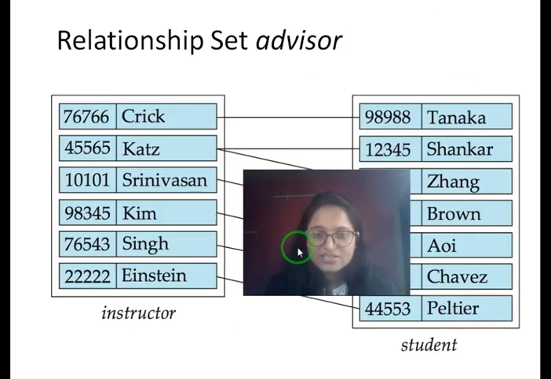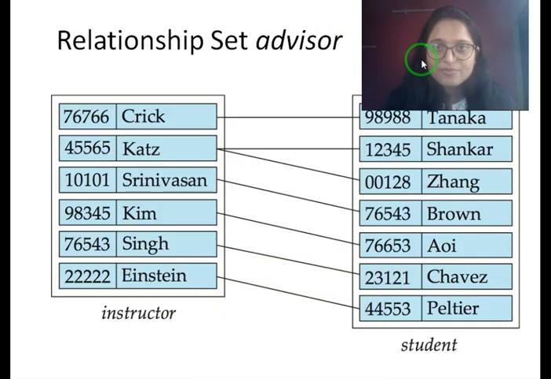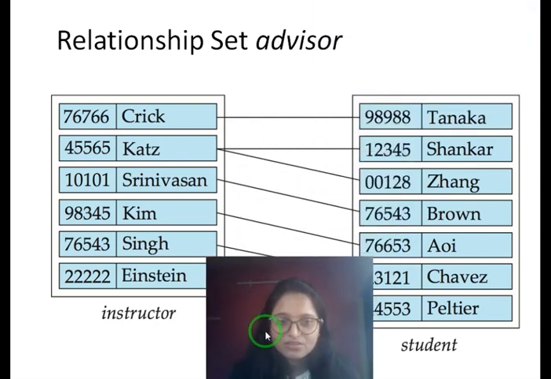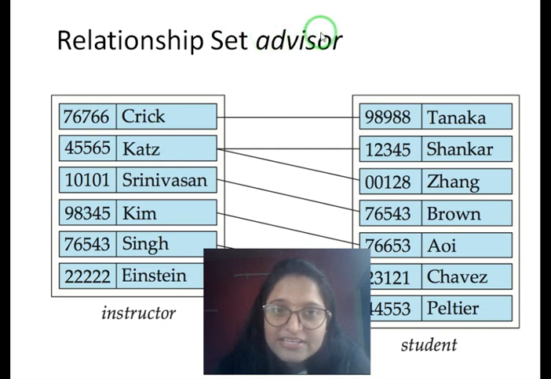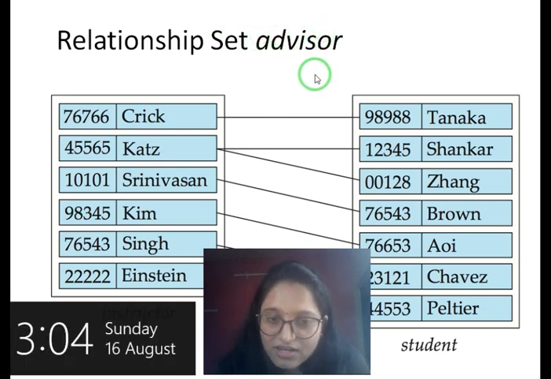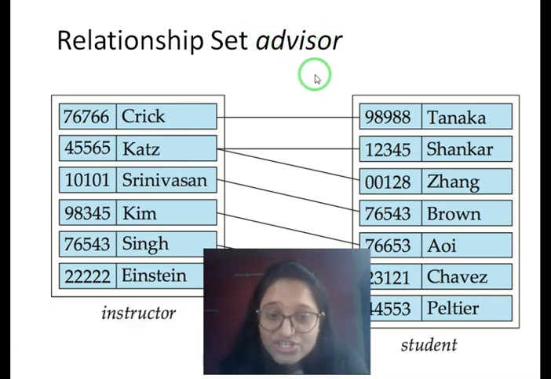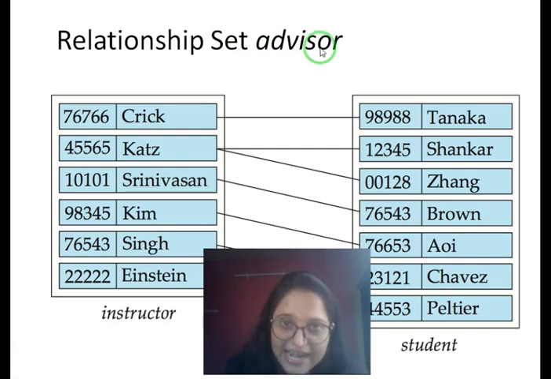So dear student, this is a relationship for the relationship set advisor. Advisor is one relationship set, and this is the advisor relationship between the instructor entity and the student entity. Means this tuple has instructor ID 76766.